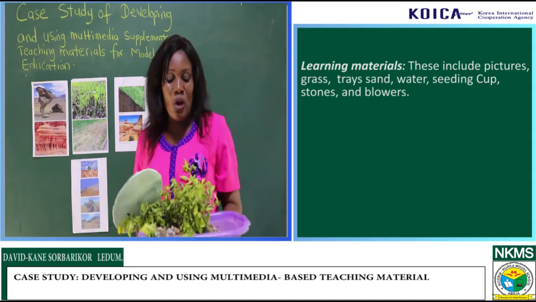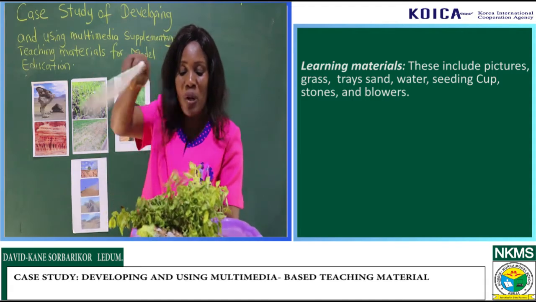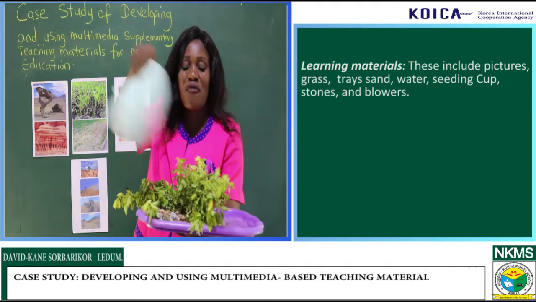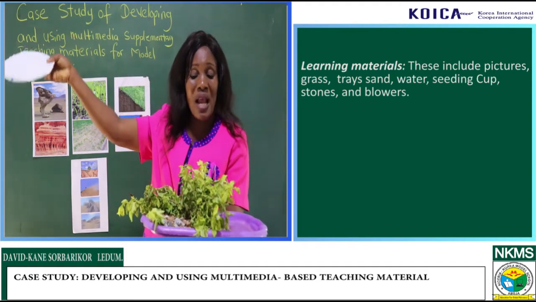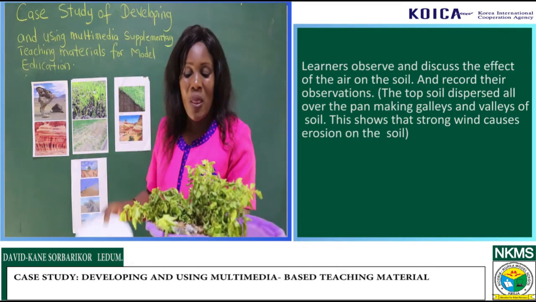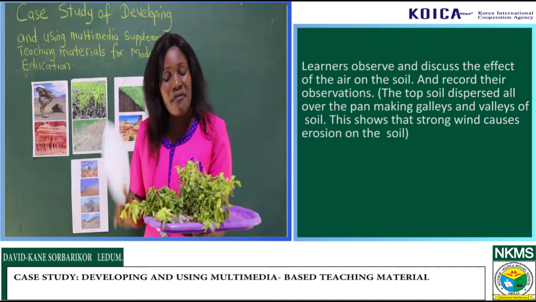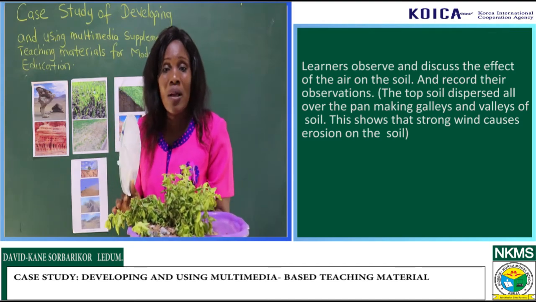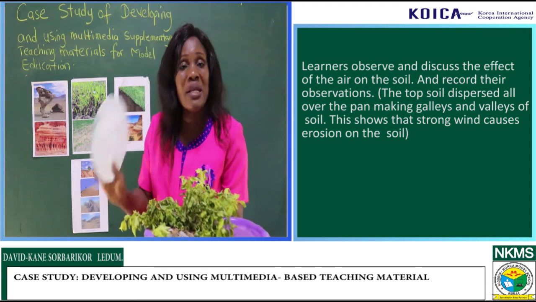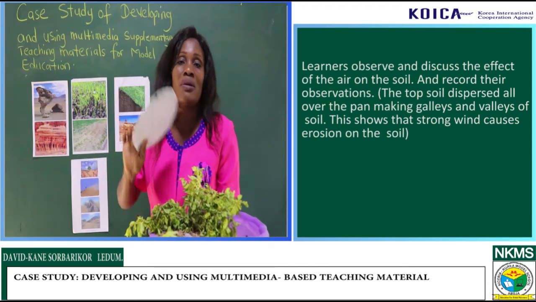Then let me use this blower too. If you continue blowing it, what can you see? Instead of particles of sand falling out, nothing comes out. That shows that in areas where there are enough coverings like trees or stones, the effect of wind erosion is what? Minimal.